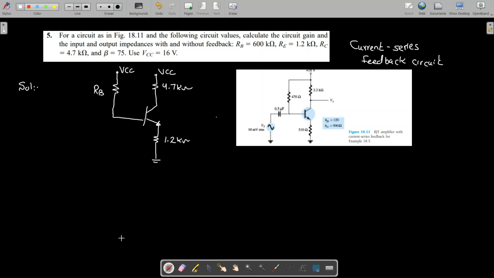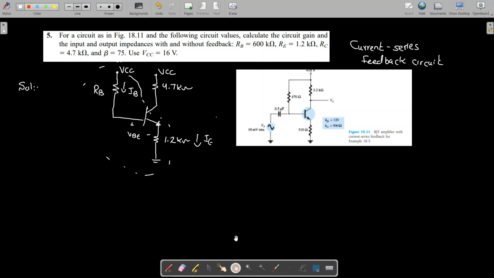So what we need to do, and we know that in this RB circuit we are going to have the current IB flowing over here, and in this RE circuit we are going to have current IE flowing over here, and this is your base to emitter junction, which is the VBE. So let us find current IB using this portion.